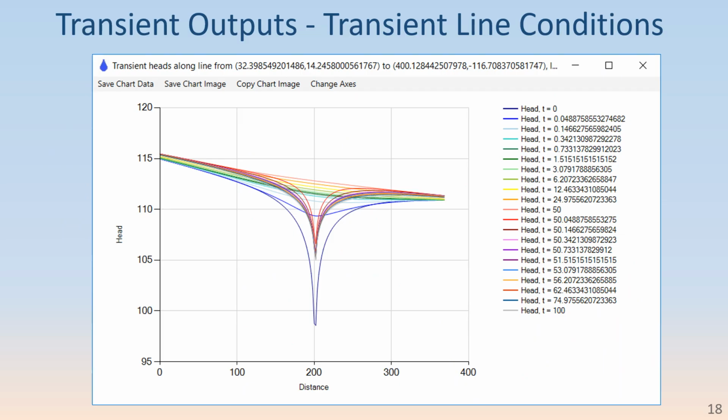One really nice output that you can generate is a set of transient head profiles along a line at every time step in the simulation. In this example, in the initial model at time 0, before the transient model set in, we had a well pumping at this location at a fairly high rate.